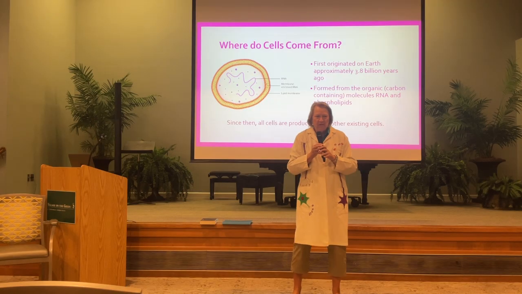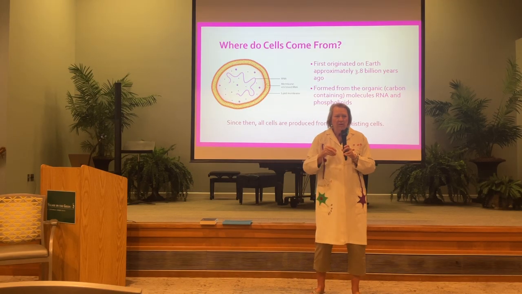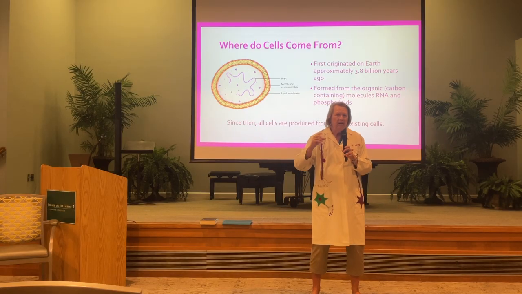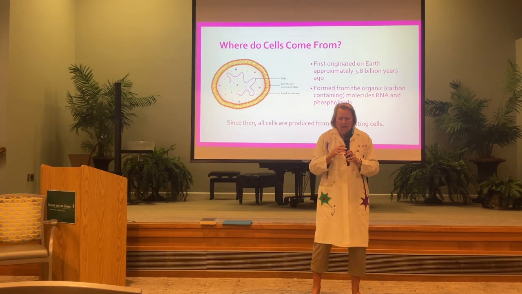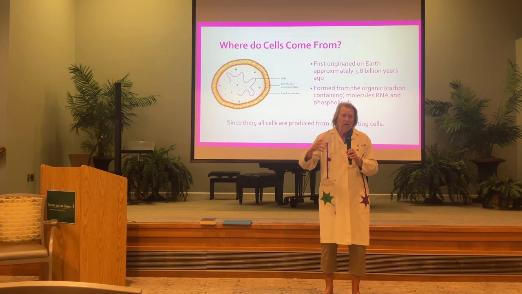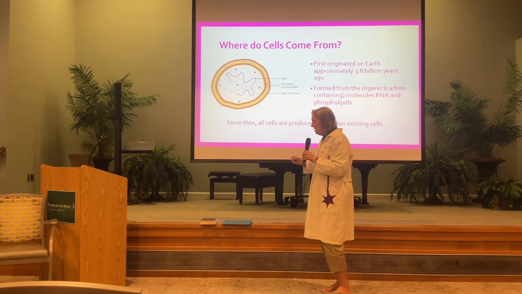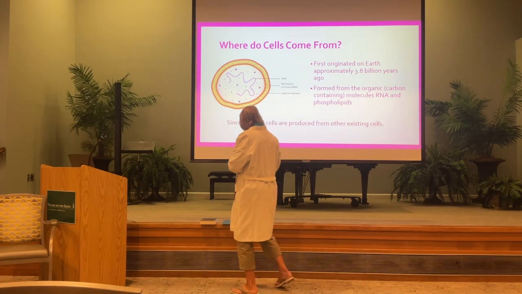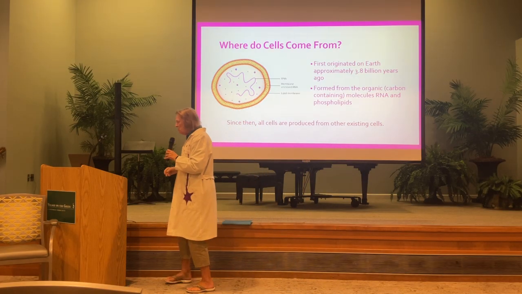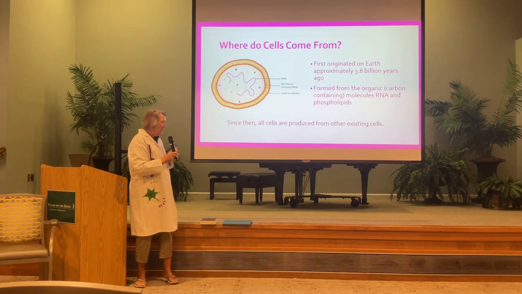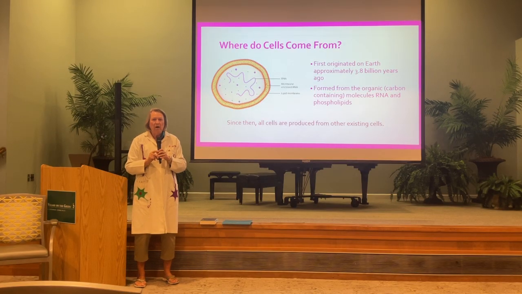And so originally, this is probably what formed, and later on, years and years later, DNA formed because it is a much longer molecule and it's more stable. RNA is not stable. So since these initial cells were formed, all of the cells since then have been produced from other cells.